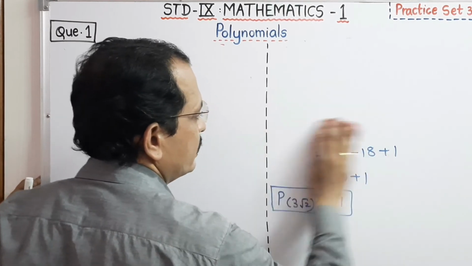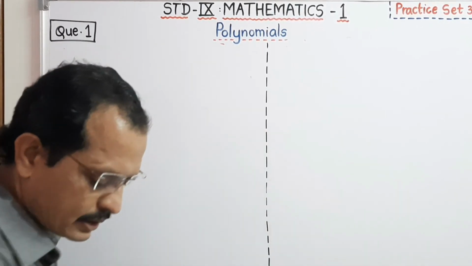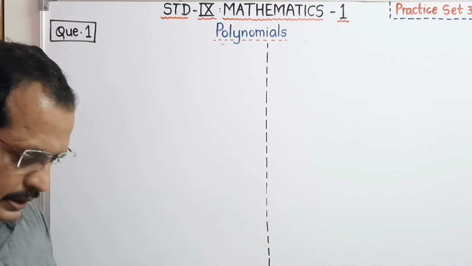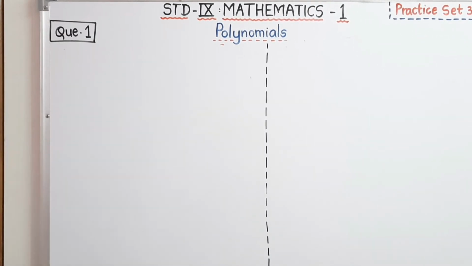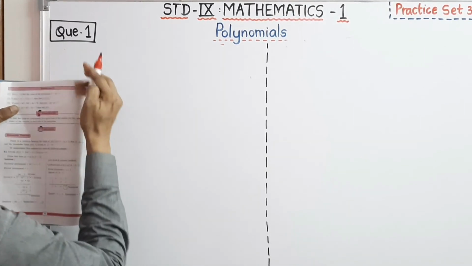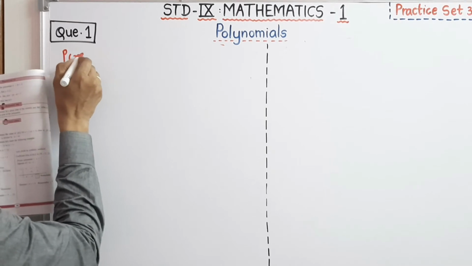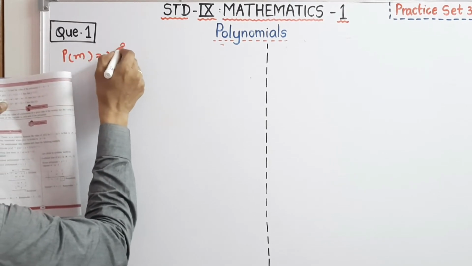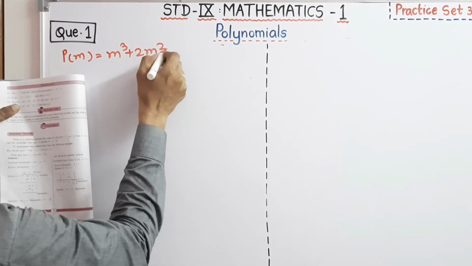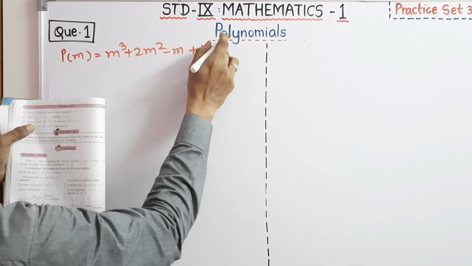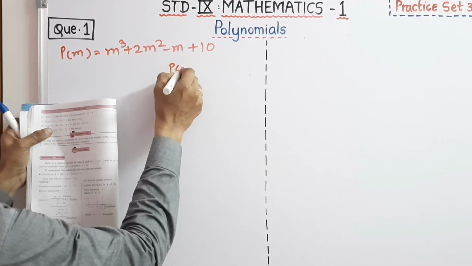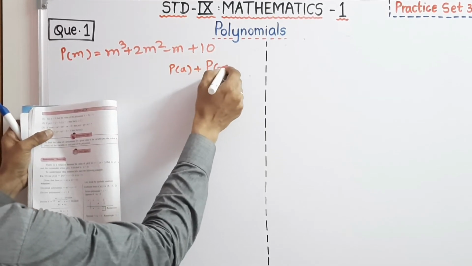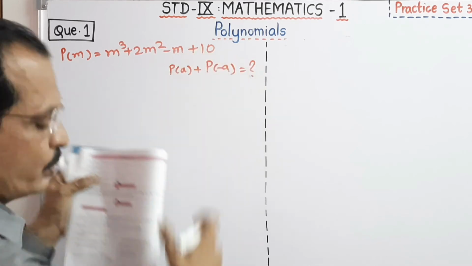Now we have to start with the next sum, that is the third one. See here, if P(m) is equal to m cube plus 2m square minus m plus 10, then find P(a) plus P(minus a) is equal to what?